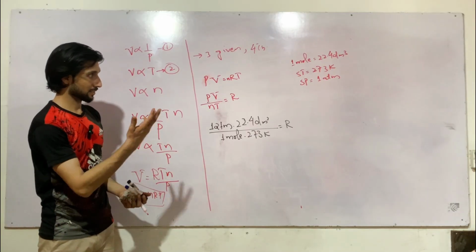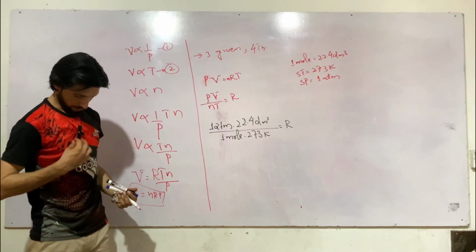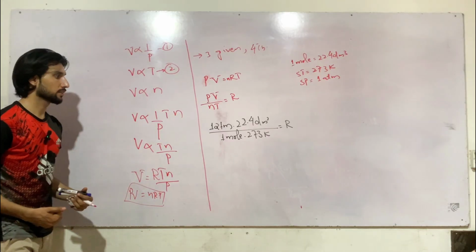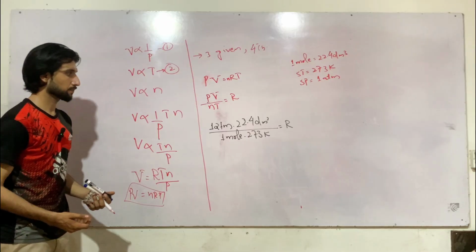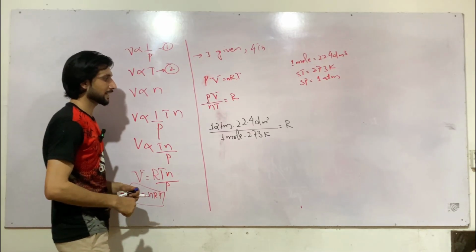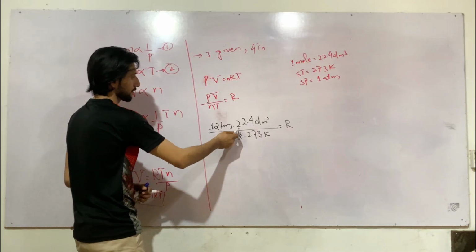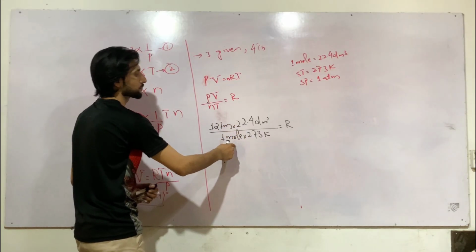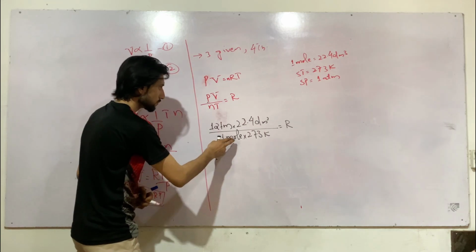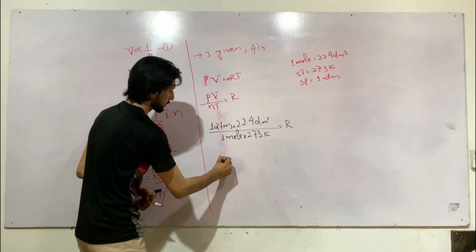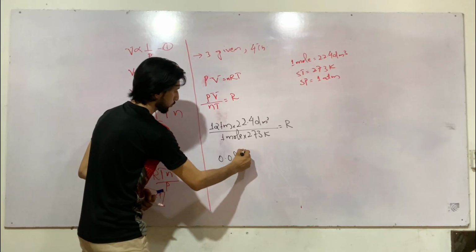Avogadro said that it is independent of the nature of the gas. So what I can do is divide here. This dot means multiply. If I divide 22.4 by 273, I would get 0.0821.